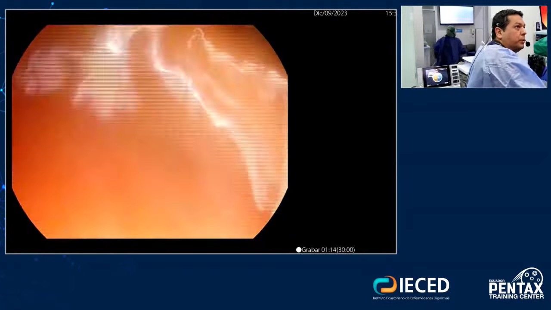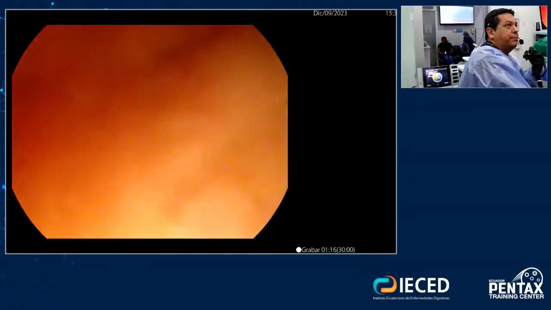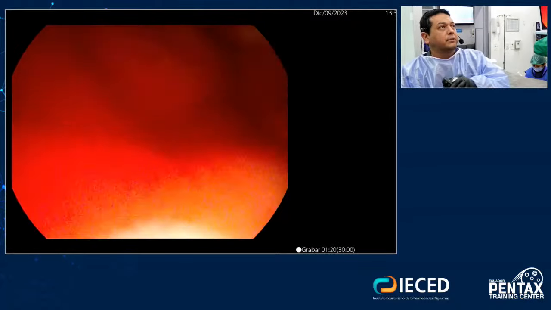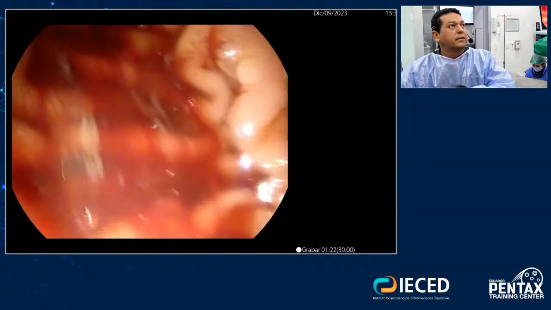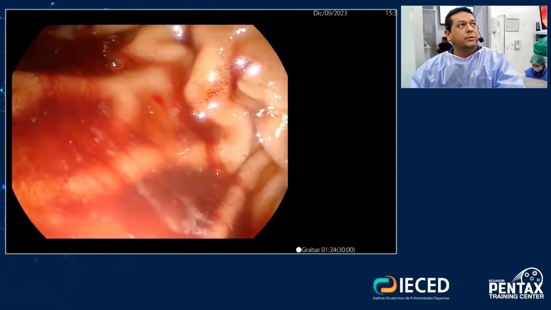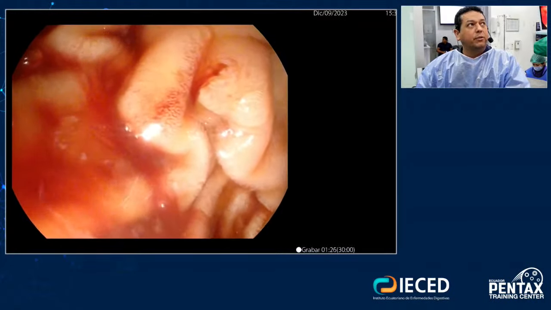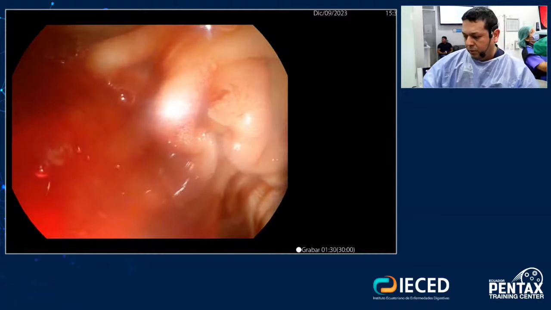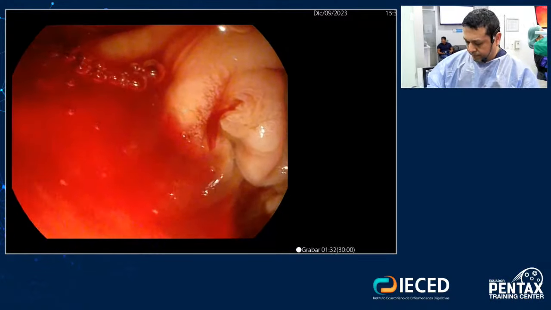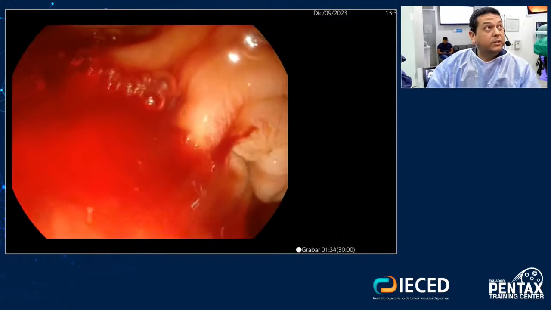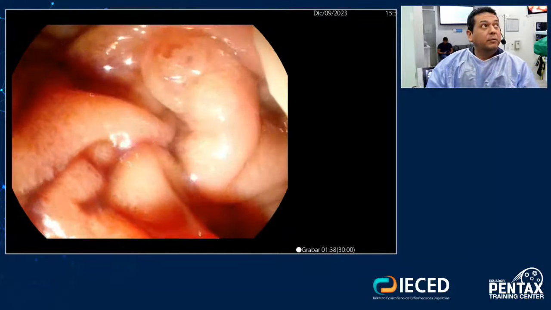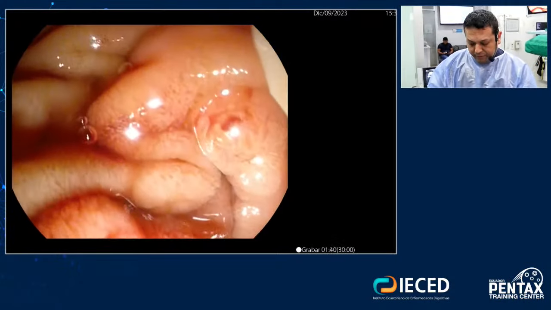But I always try this first in this case. I believe it's possible to reach the biliary tract. The second important thing is that sometimes these patients have bleeding. You see, this patient is bleeding from the papilla. So this confirms my suspicion of biliary tract invasion.